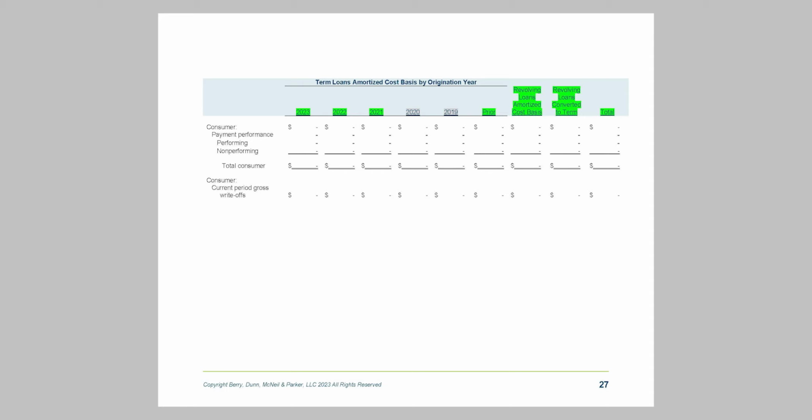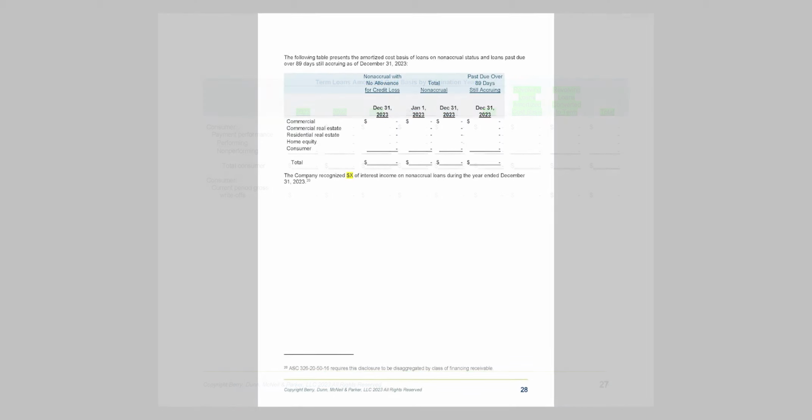However, for those that it's required, there's likely going to be a lot of work in gathering this detail, especially in year one. Hopefully going forward, it'll be a bit more efficient of a process. Now on page 28, nothing earth-shattering here, but I still think worth pointing out, your non-accrual loans.